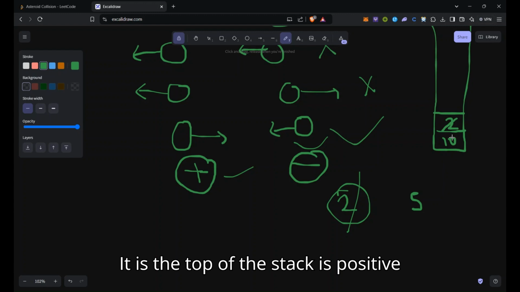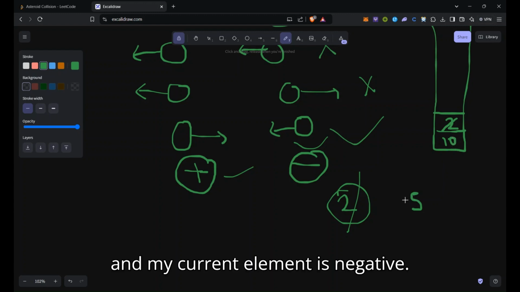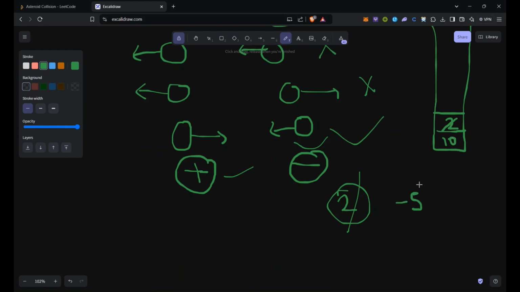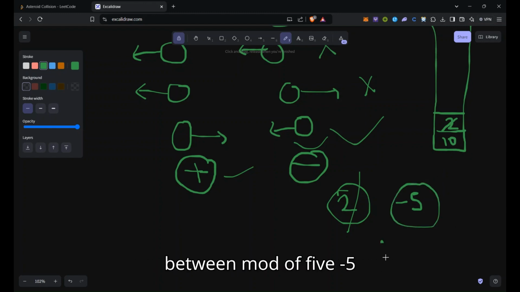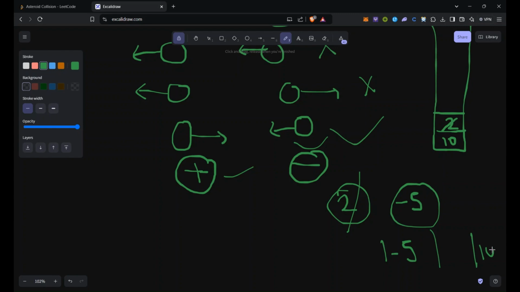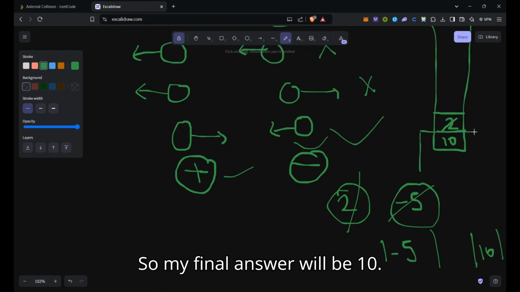The top of the stack is positive and my current element is negative, so I will compare between mod of minus 5 and mod of 10. Since minus 5 is less, I will remove minus 5. So my final answer will be 10.